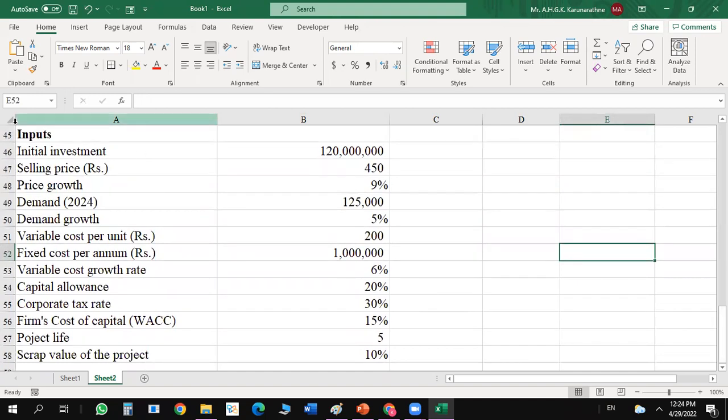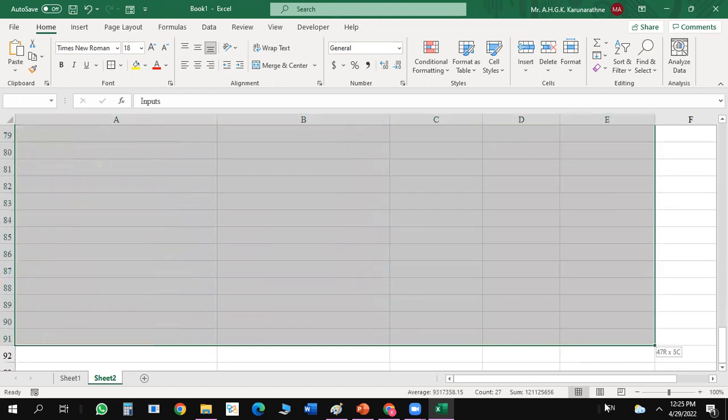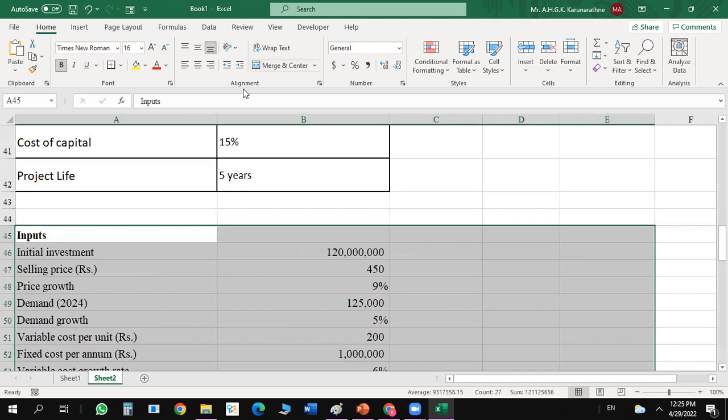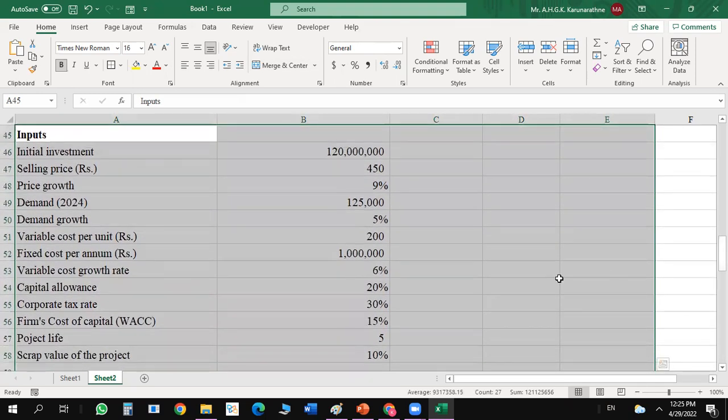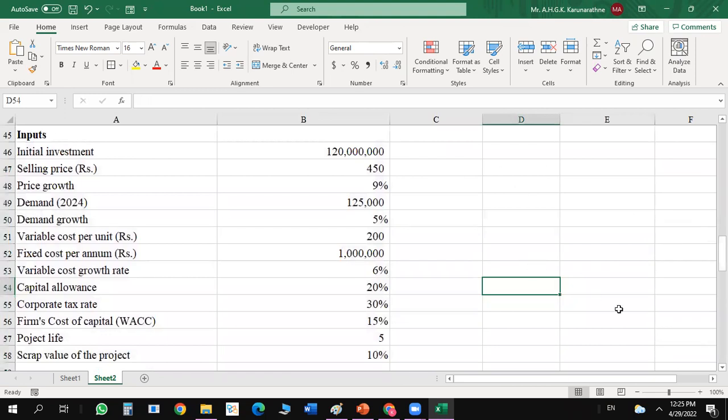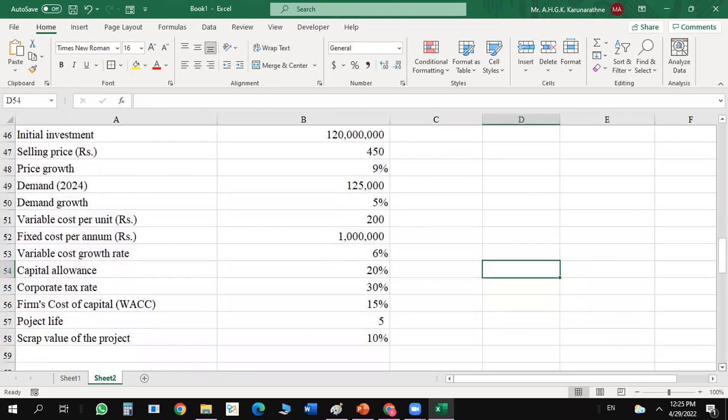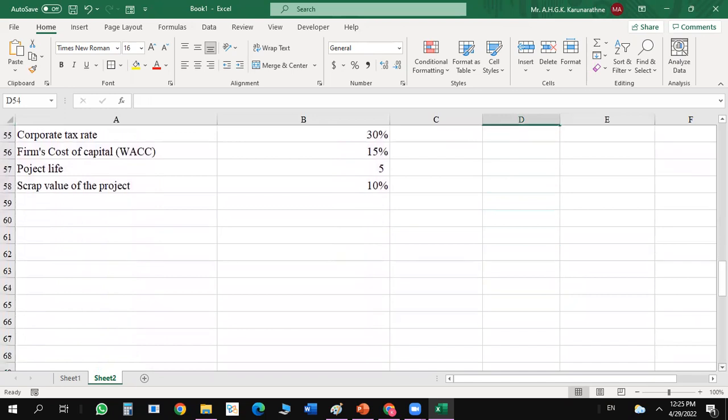I will decrease the font size so that you can see them all at once. So these are the information. Now, based on these inputs, we should compute the cash flow prediction.